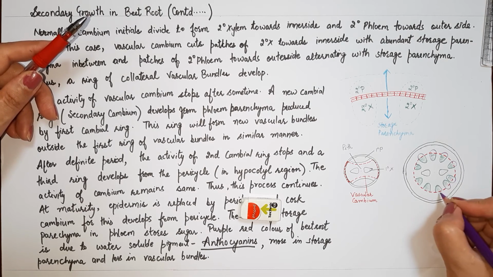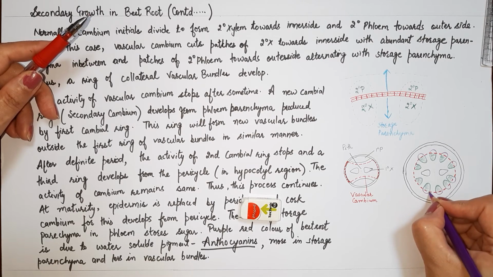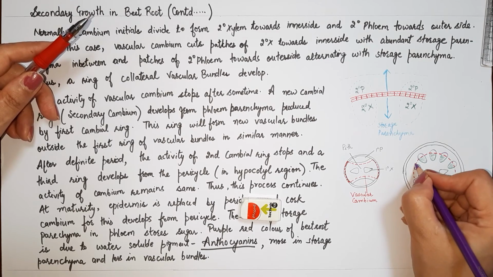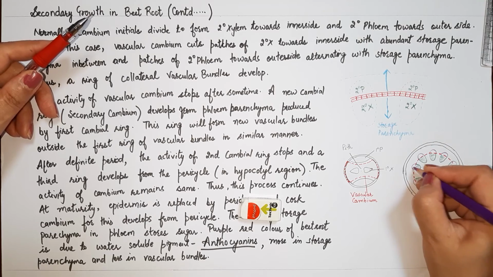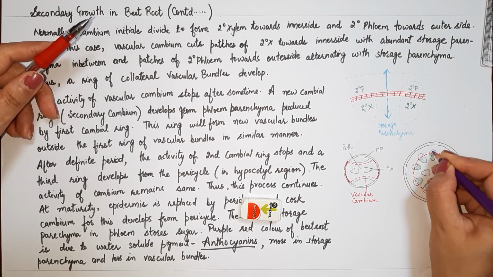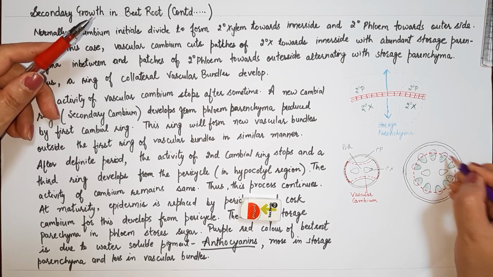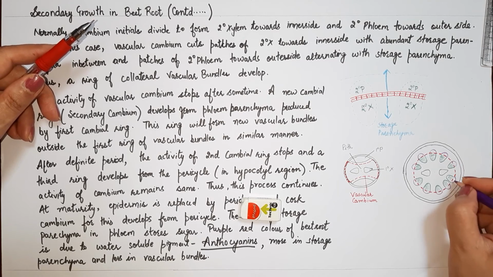You can draw it with pencil and then give different gradients, like at a few places you can show dots, lines, checks. So, here I am showing secondary phloem with dots.